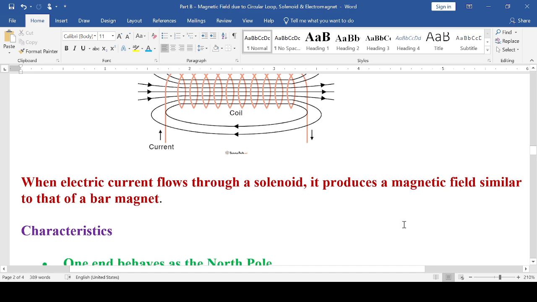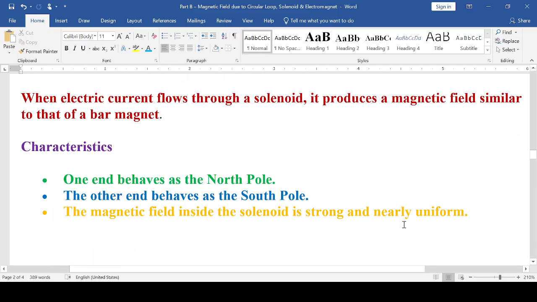When electric current is passing through the solenoid, it will produce a magnetic field similar to that of a bar magnet. Characteristics: one end behaves as the north pole, and the other end behaves as the south pole.